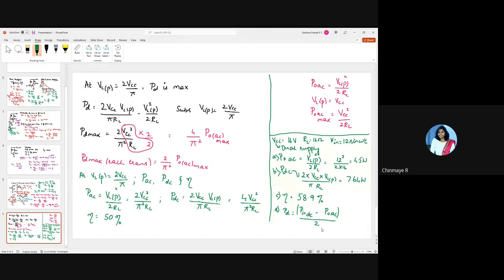So this will be the total power dissipated by both the transistors during the operation. So power dissipated by each transistor is equal to P in DC minus P naught AC divided by 2. How much is that?